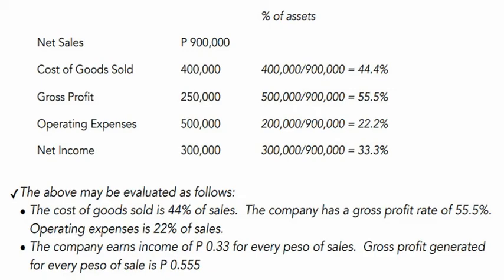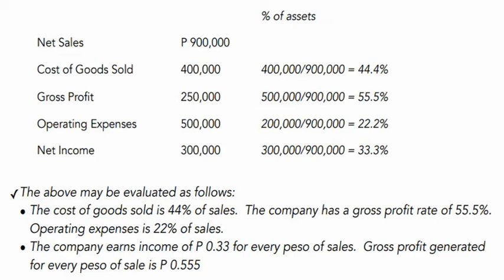So, the meaning of the computation will be evaluated as follows. So, the cost of goods sold is 44% of the sales. Okay?